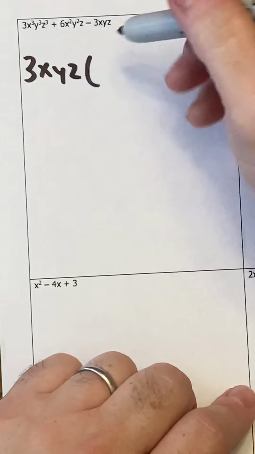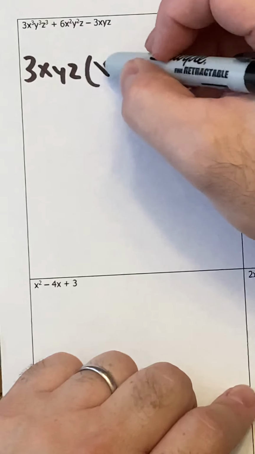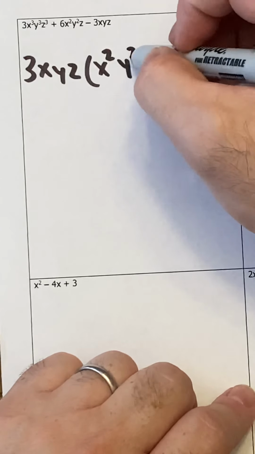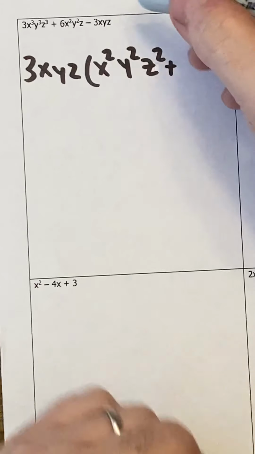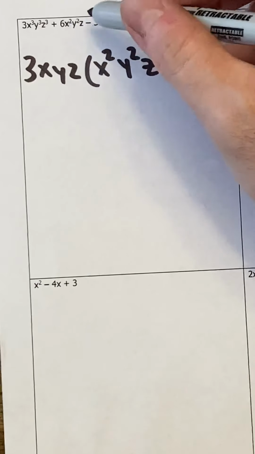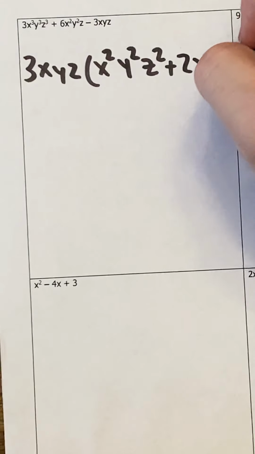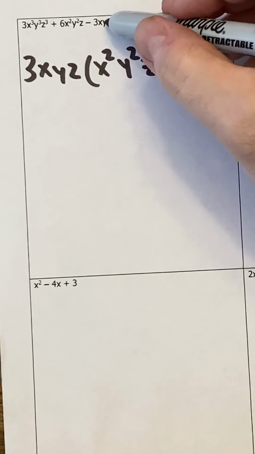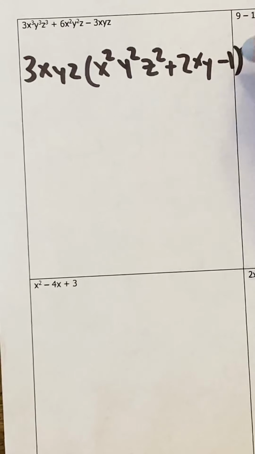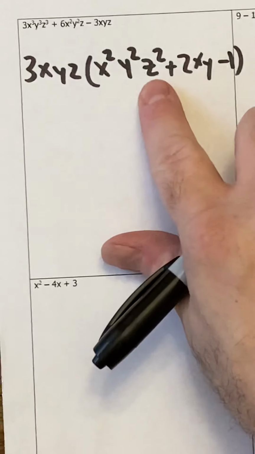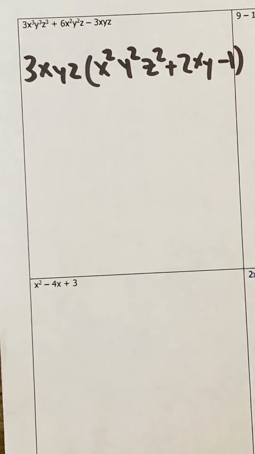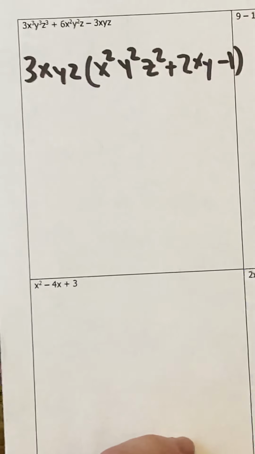Dividing everything by 3xyz, we're going to get x squared, y squared, z squared, plus 2xy, and this is going to be a minus 1, okay? So I don't think you're going to be doing any more additional factoring on this. Because there are z's here, it's not going to work, okay? So that's just a GCF kind of problem.